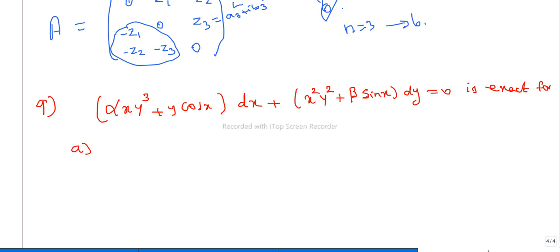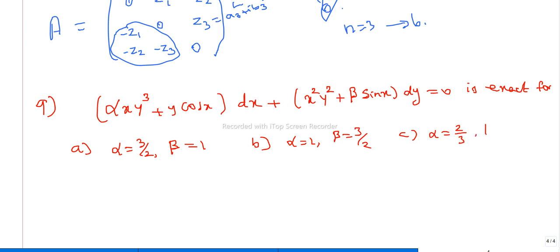First option, alpha is 3 by 2, beta is 1. Second option, alpha is 1, beta is 3 by 2. The third option is alpha is 2 by 3, beta is 1. Similarly, alpha is 1, beta is 2 by 3.